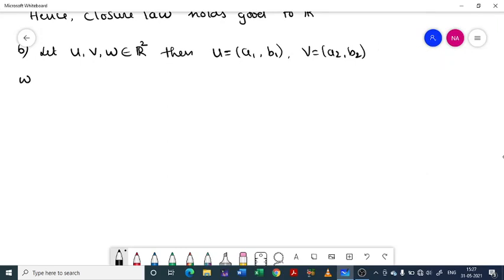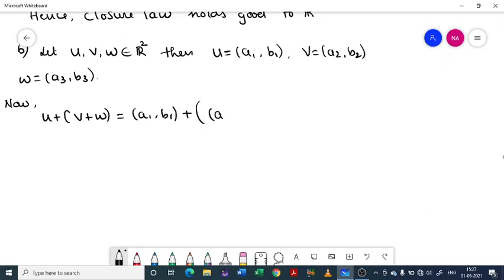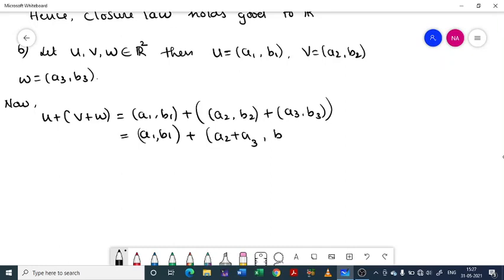Now u plus of v plus w equals a1 comma b1 plus of a2 comma b2 plus a3 comma b3, which is equal to a1 comma b1 plus a2 plus a3 comma b2 plus b3.